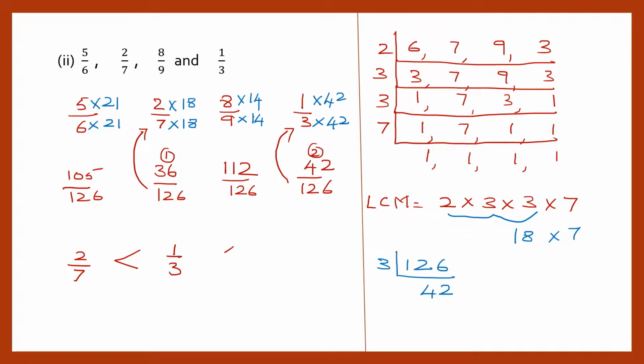This is smaller than, the next smallest fraction is this. That is 5 by 6. And the last one is 8 by 9. So we've arranged our fractions in ascending order.